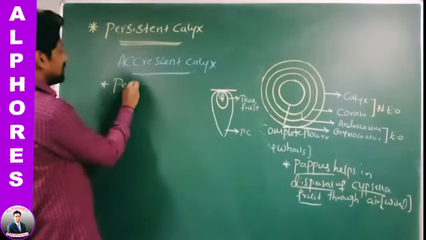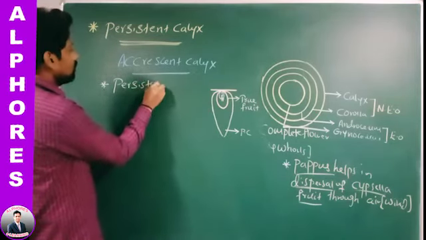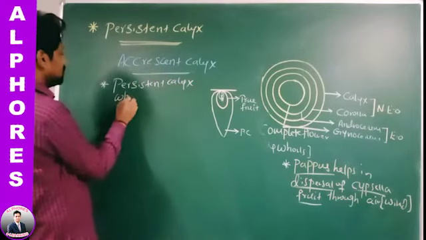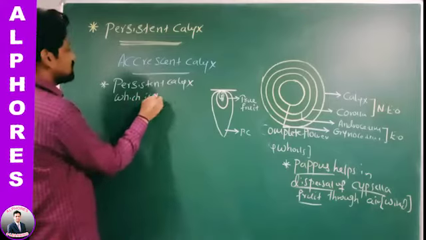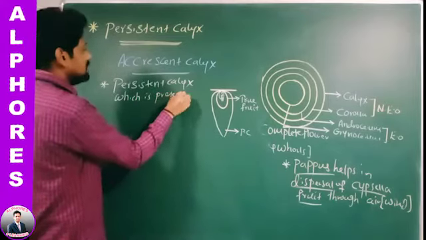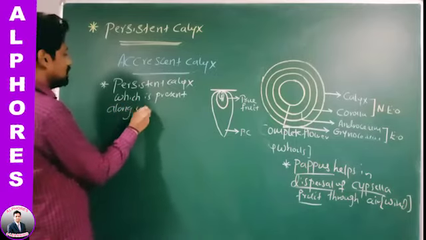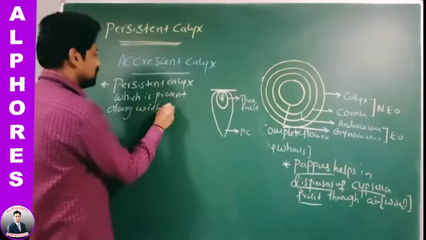Persistent calyx which is present along with what?